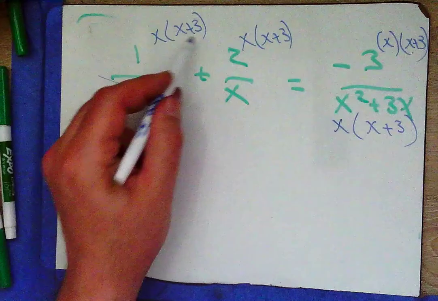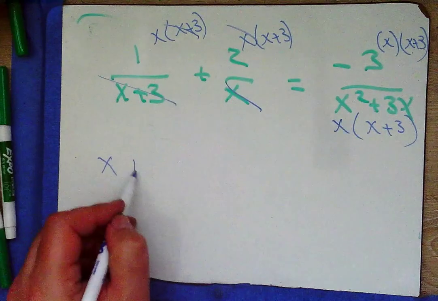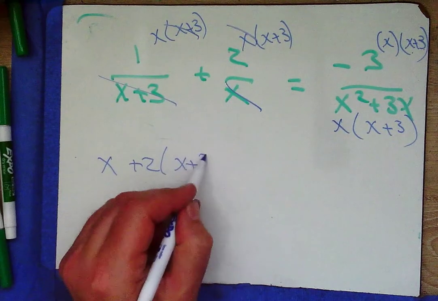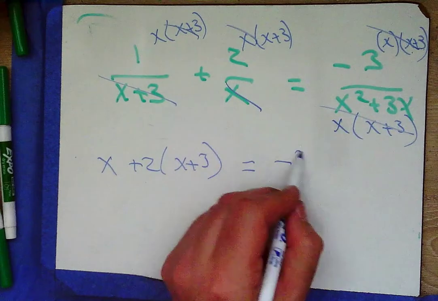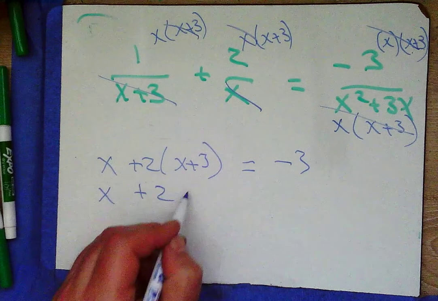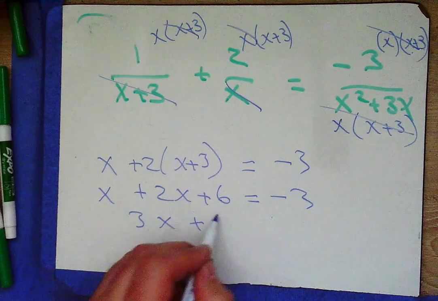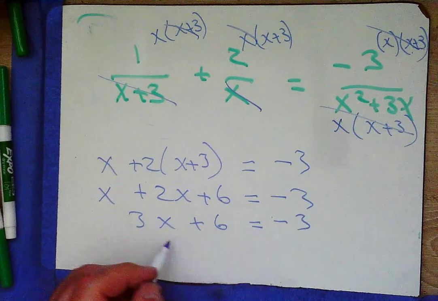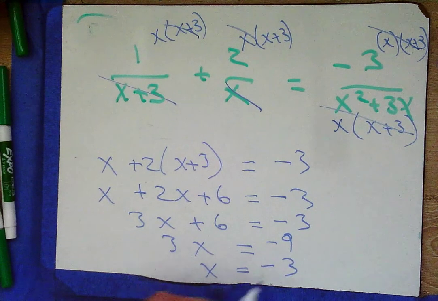Don't forget to cancel. 1 times x is x, plus 2 times x plus 3 equals these, cancel those, negative 3. So when I distribute, I get 3x plus 6 equals negative 3. 3x equals negative 9. x equals negative 3.